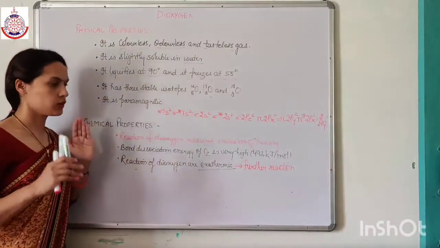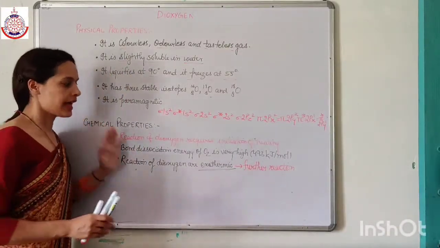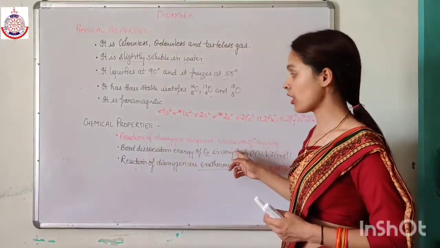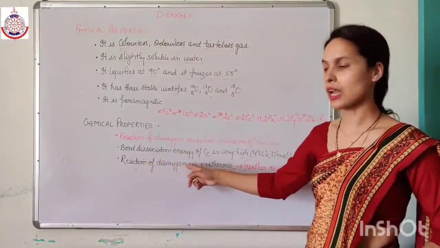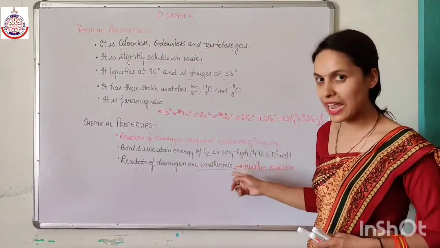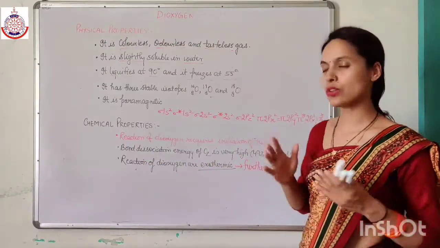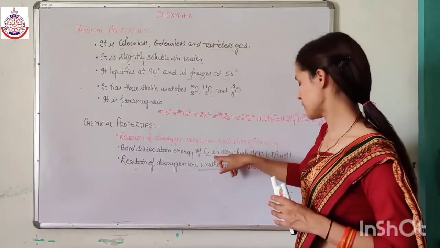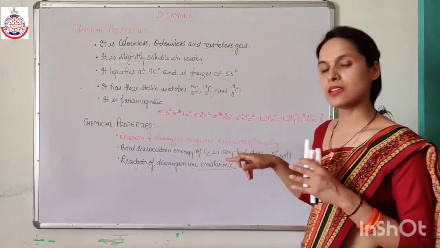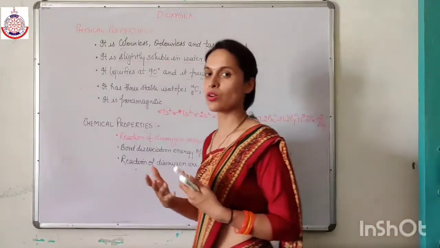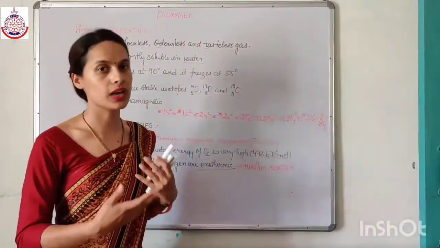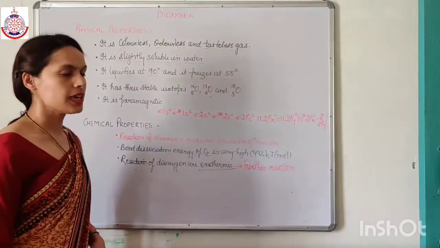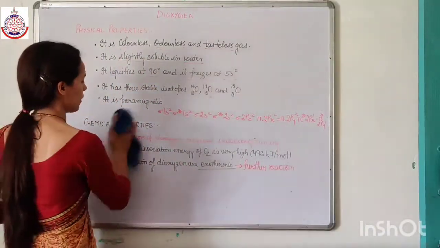So keep in mind that the reactions of dioxygen require initial heating because the bond dissociation enthalpy is very high, but after that we don't require any heating because the reaction is exothermic, releasing a very large amount of heat which is utilized in further reaction. Now we will start the chemical properties of dioxygen.